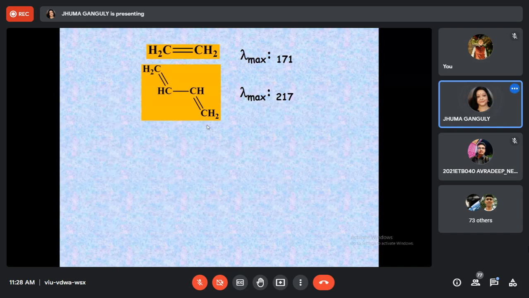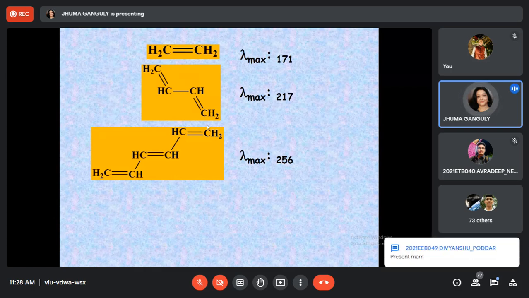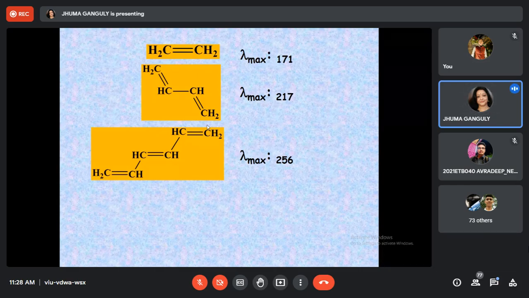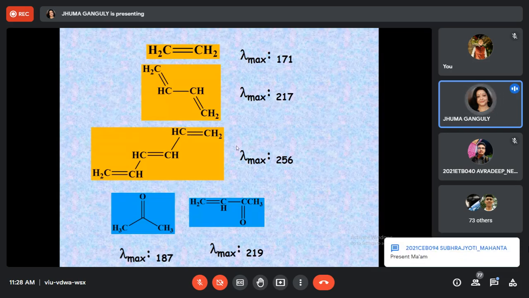Okay. Now this one, see the reflection. Increasing the conjugation increases the lambda max, so the energy is lower, though it is not proportional. Now this is acetone, lambda max is 187. Different. Now this one, 119. Why? Because this one is in conjugation with the carbonyl group.